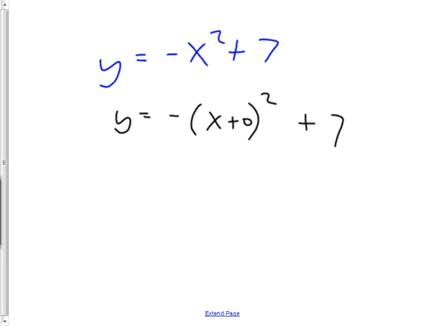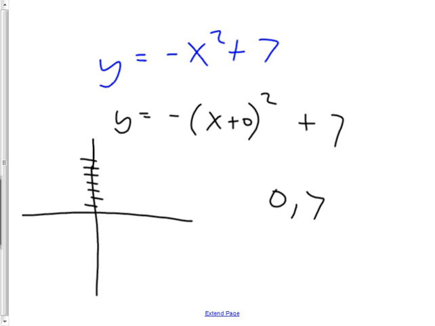And I could tell my vertex is at 0, 7. So now I can make my sketch: over 0, up 7. So I go up 1, 2, 3, 4, 5, 6, 7. And then there's my top, and then there's my parabola, right? No, because it's got a negative in front.